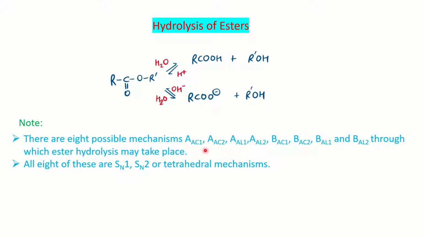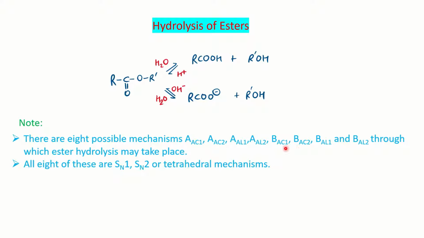So again, there are 2 possibilities. In the presence of acid, the cleavage is either acyl cleavage or alkyl cleavage, and in that also you have 1 and 2, meaning unimolecular or bimolecular reaction, meaning whether the rate of reaction depends only on the substrate concentration, or on both the substrate as well as the reagent concentration.